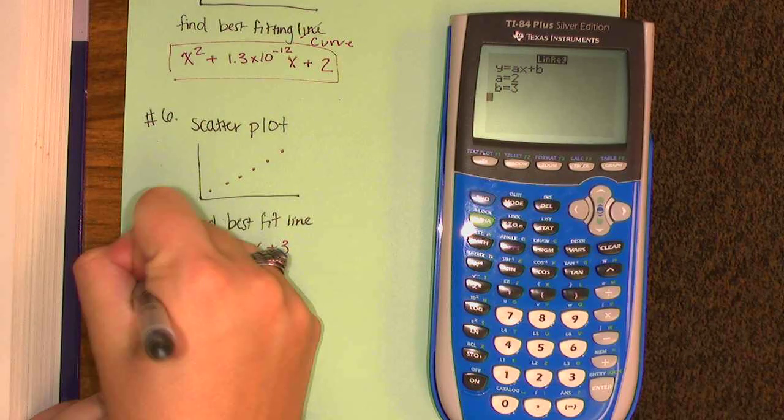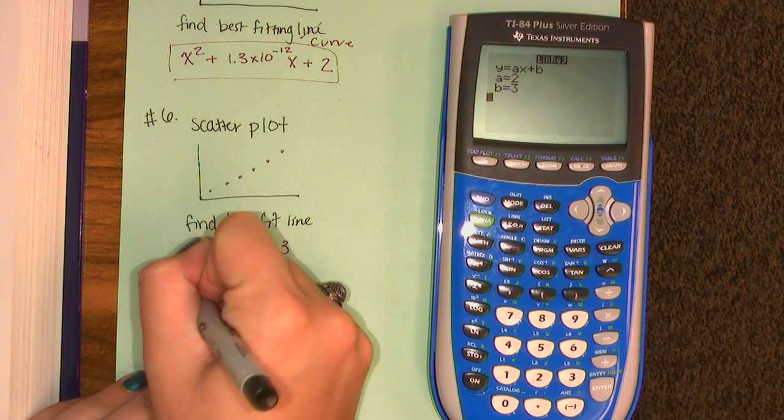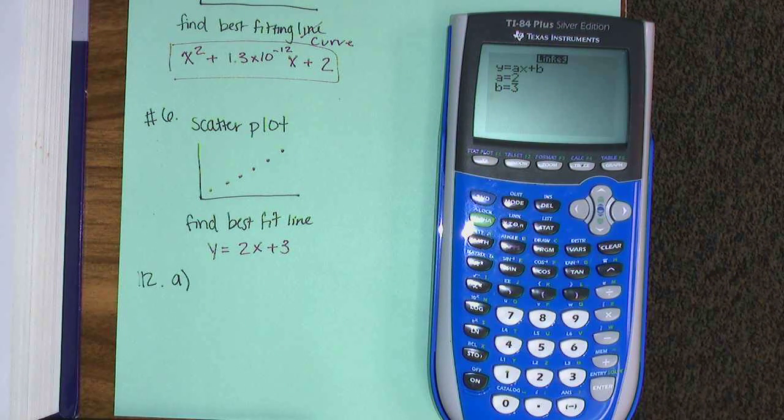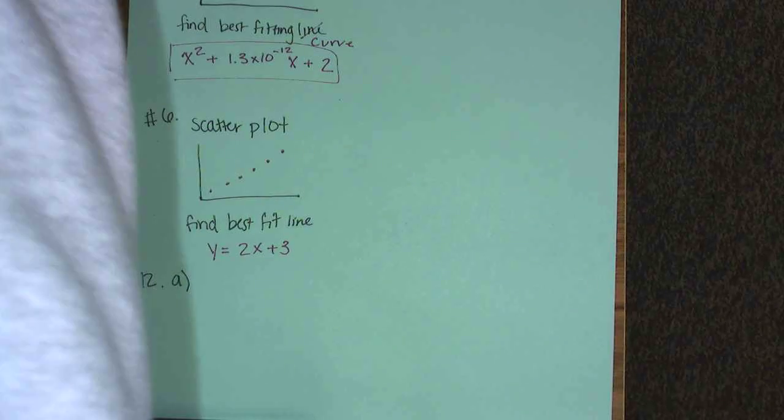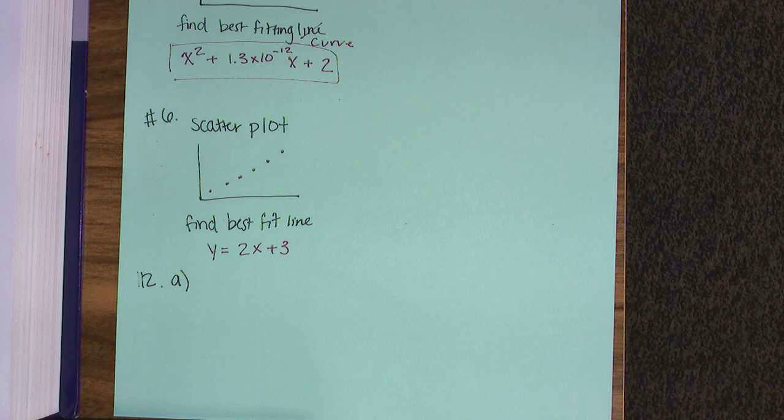to start with. And 12A says, according to the numerical model, what has been the trend in males joining the workforce since 1954? Nope, you don't have to enter anything. Don't need your calculator at all. Just looking at the chart. You're looking at male, right?